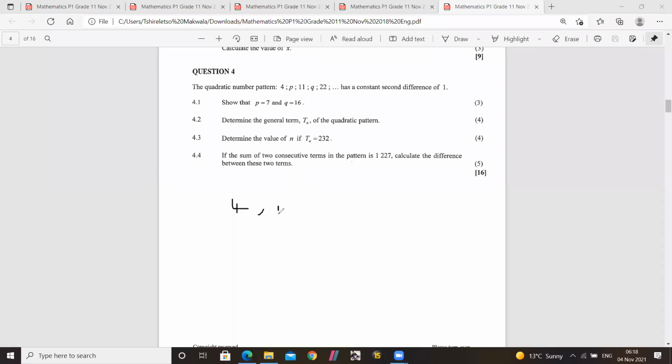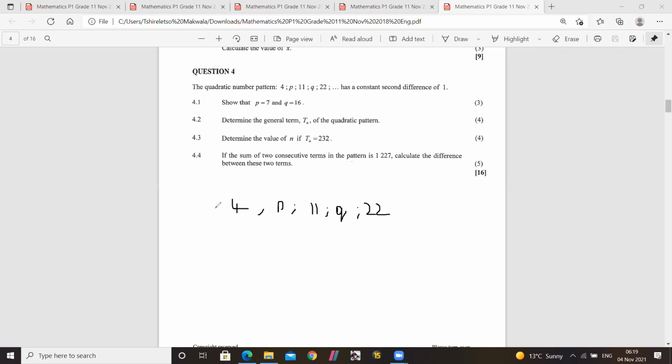So here they said P, then 11, then Q, 20, 22.